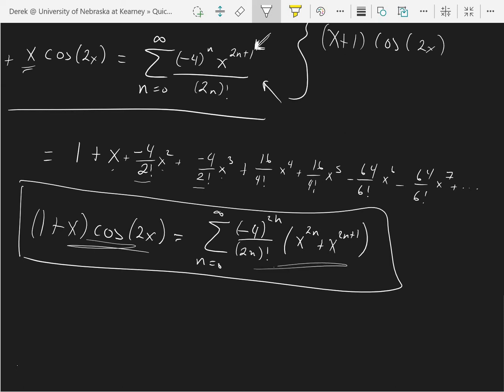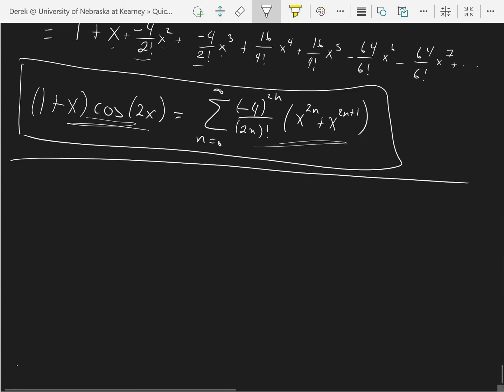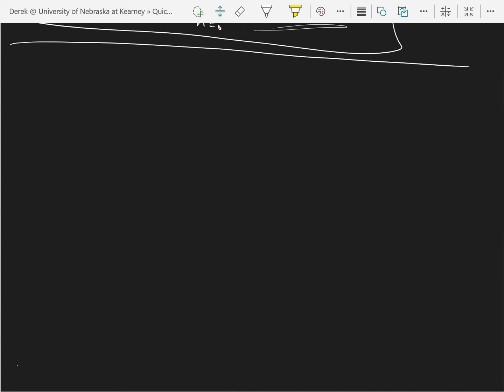Let's see one other sort of thing that we can do with Taylor series, and let's try and find the Taylor series for example x plus 1 over x squared plus 2x minus 3.